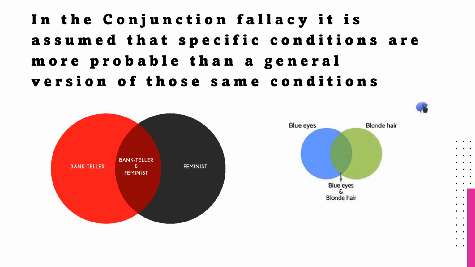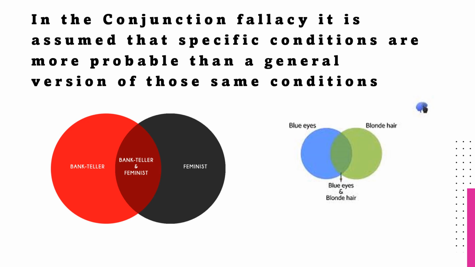You must be a bank teller and a feminist, rather than simply a bank teller. So given certain kinds of information, people assume it's more probable that Linda will be a bank teller and a feminist than simply a bank teller. And that is logically incorrect. Specific conditions can't be more probable than a more general version of those same conditions.